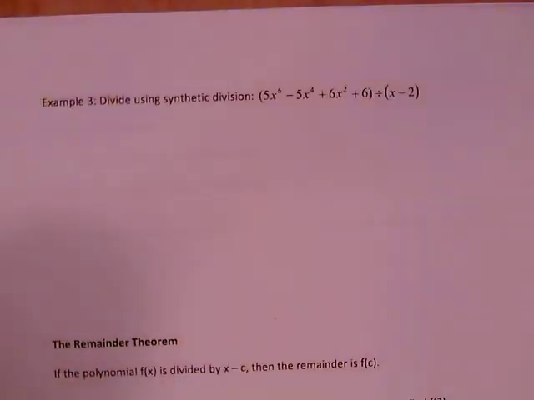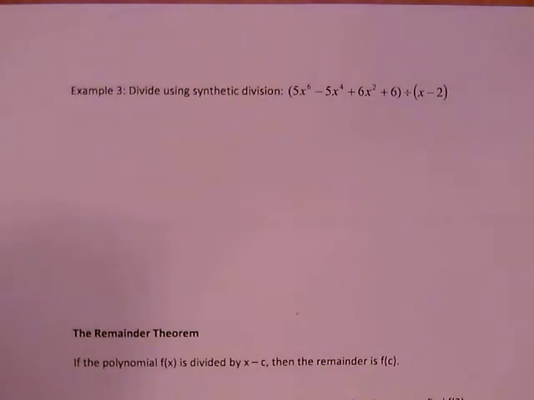Alright, here's another example. Dividing using synthetic division. Here we got 5x to the 6th minus 5x to the 4th plus 6x squared plus 6 divided by x minus 2.